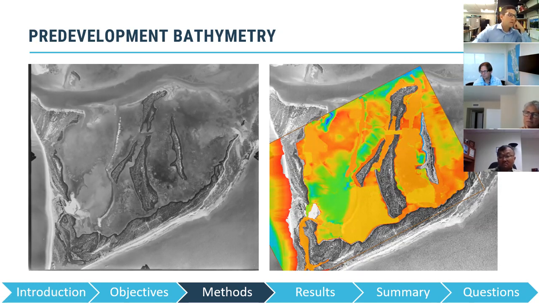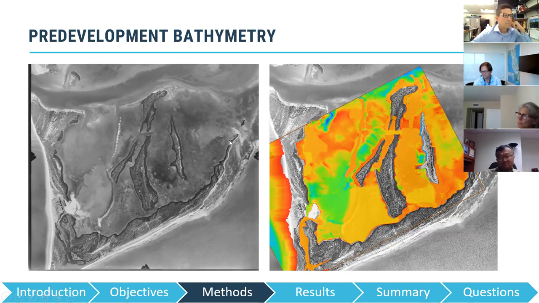Then we digitized those dredge channels and reassigned a depth value based off of that average. Based off of today's average in nearby locations? Right. So there could be some room for error there, because we don't actually have the pre-development bathymetry. We're recreating it, so there's definitely some room for error since this is a highly dynamic environment.